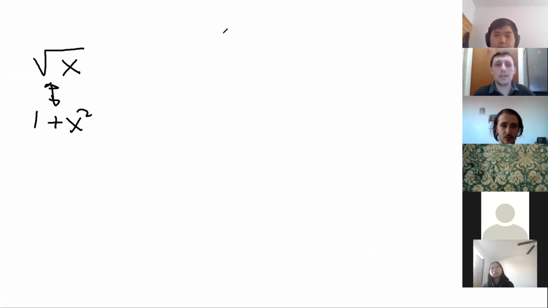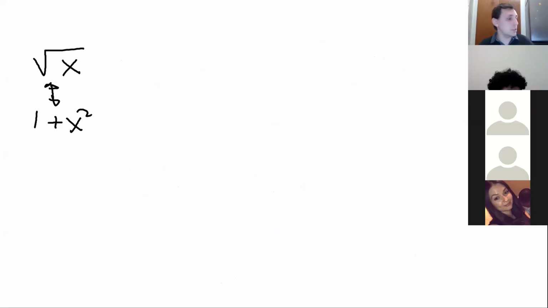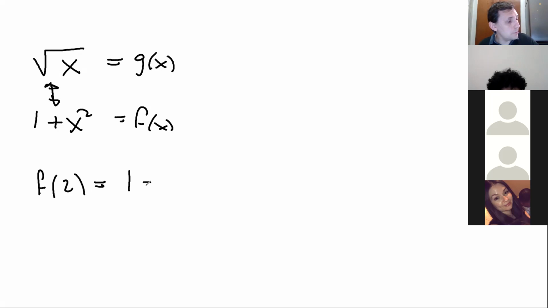The fact that I write this symbol on top of x doesn't tell me how to calculate it. For instance, let's say here is the function f of x, and here is the function g of x. If I tell you calculate what is f of 2, well, you say 1 plus 2 squared, which is 5. You calculate easily.